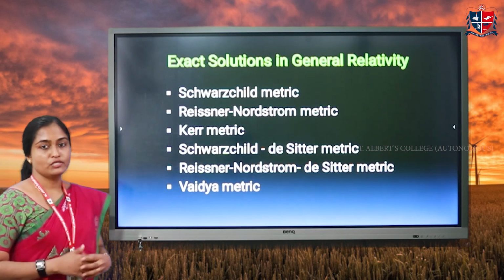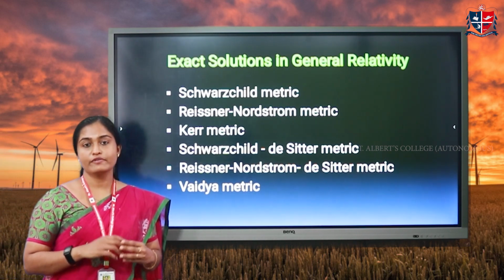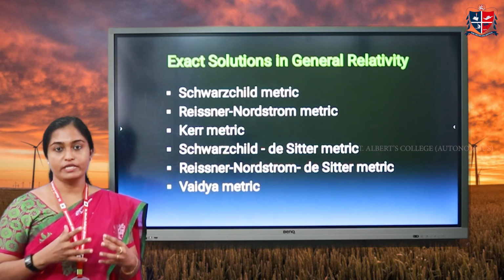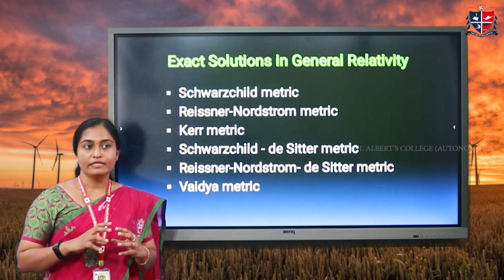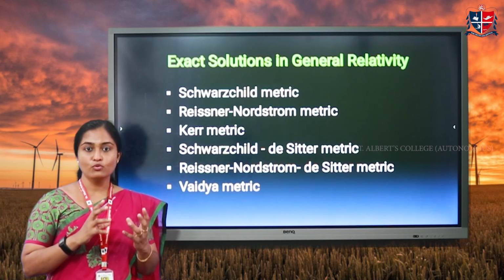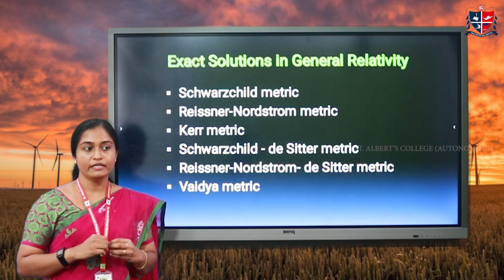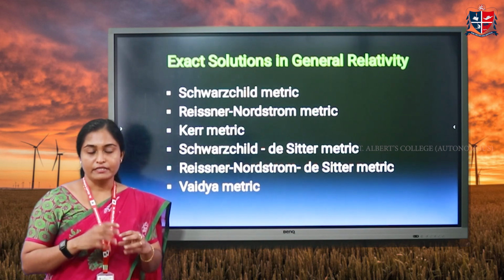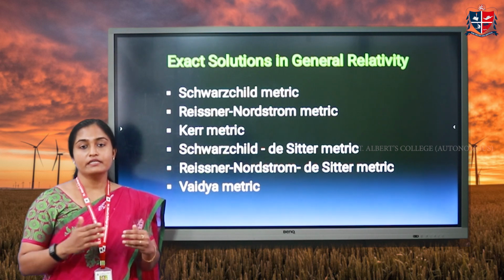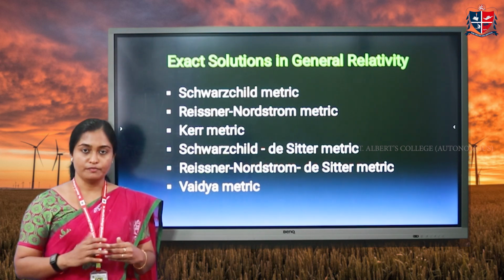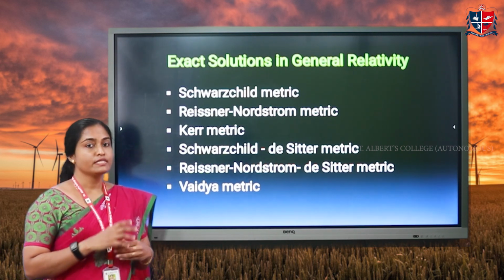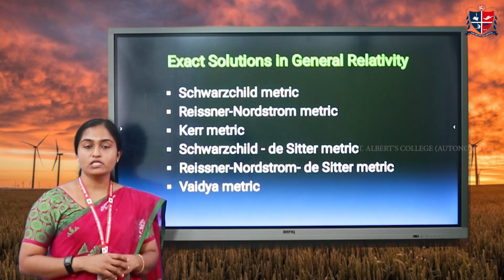The Schwarzschild metric is an exact solution for a spherically symmetric fluid. A star can be considered as a fluid in the interior, and in the exterior it's a perfect vacuum. That is represented by the Schwarzschild metric.